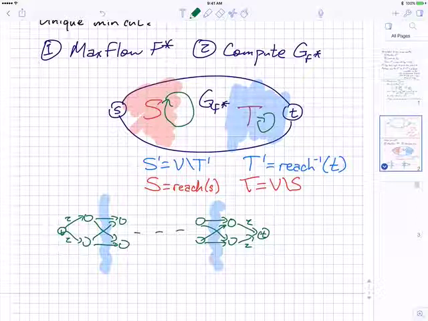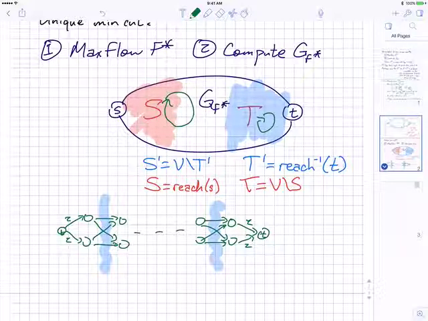The problem is that all of the edges that cross out of S have 0 residual capacity. There is no way to send flow out of S in the residual graph, and therefore there are no cycles that look like this. So even if I add more cycles to create different maximum flows, all of the edges crossing that cut will always be saturated, and all the edges going backwards will always be empty.